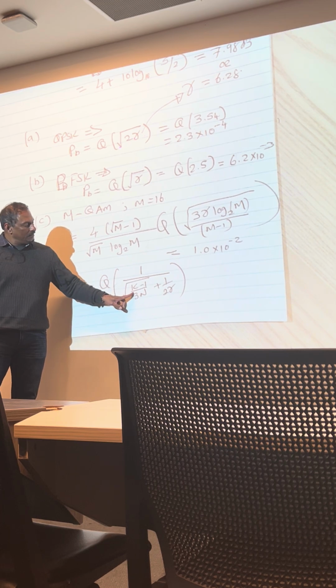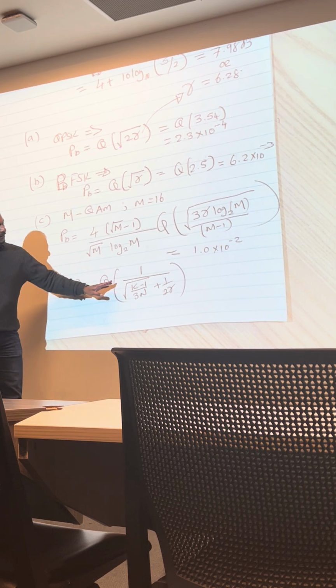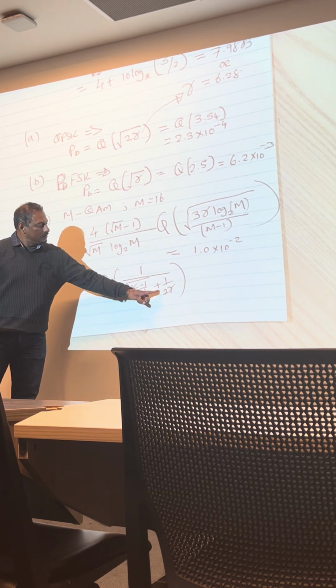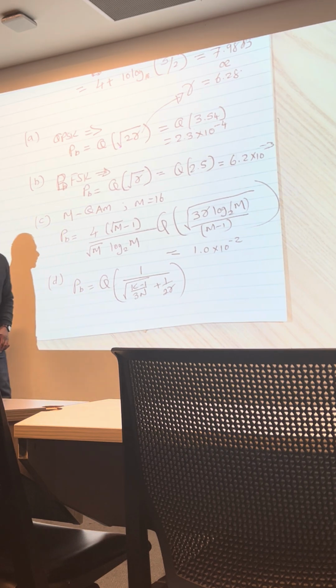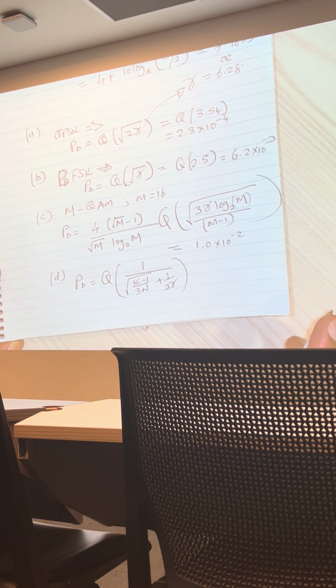When N is infinity, this becomes 0, right? And then only 2 gamma comes into the picture, only the signal to noise ratio comes into the picture when you have a large number of users. So that's something that you need to keep an eye on.